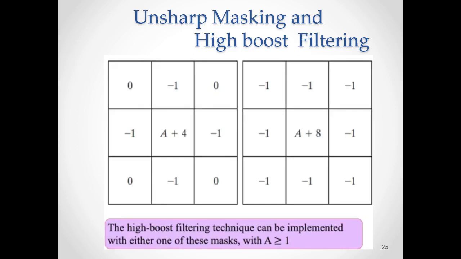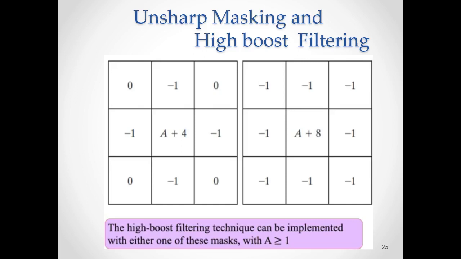Similarly, we can define for the second order derivative. It must be 0 in flat areas. This is the property of second order derivatives. It must be non-zero at the onset and end of the gray level step or ramp, and must be 0 along the ramp of constant slope. So, remember these properties. We will take an example where you will understand what is a ramp and what is a flat segment.